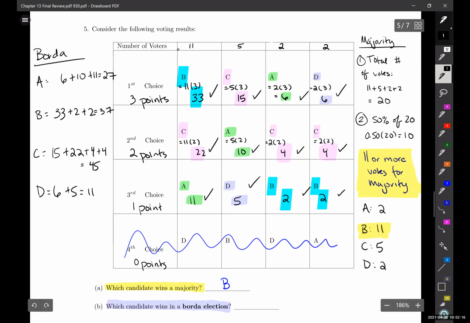Do I agree with these values? A would end up with 27, B is 37, C is 45, D is 11.